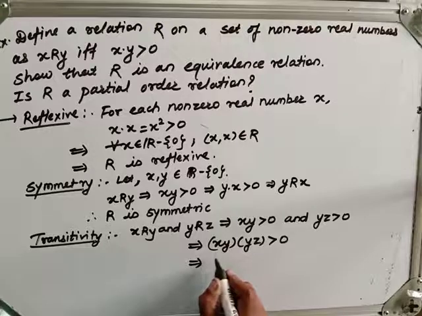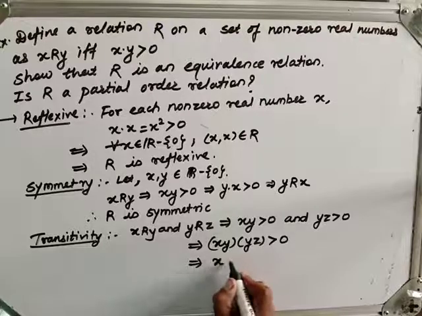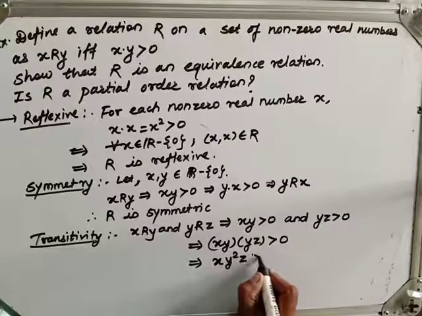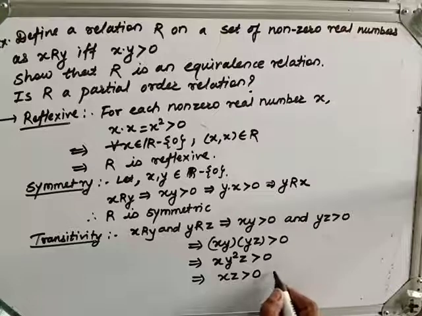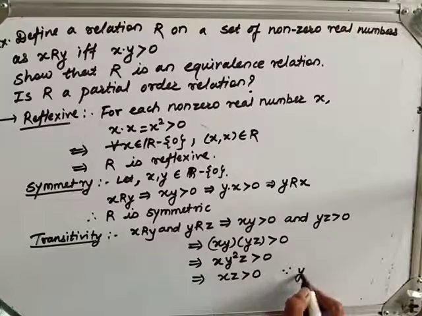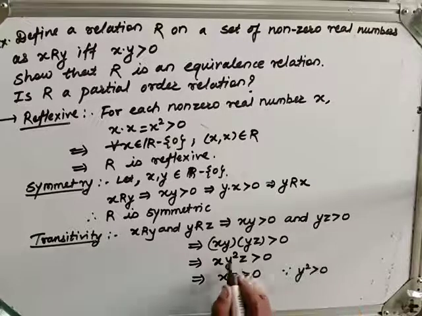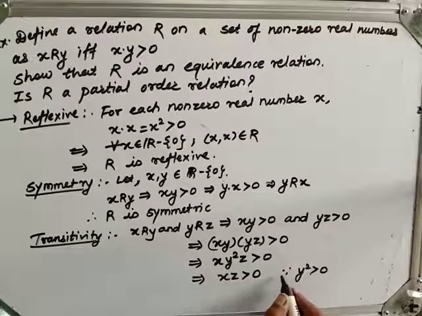That is the same as to say x times y squared times z is positive. That is the same as to say x times z is positive, since y squared is positive. So x times z is also positive.